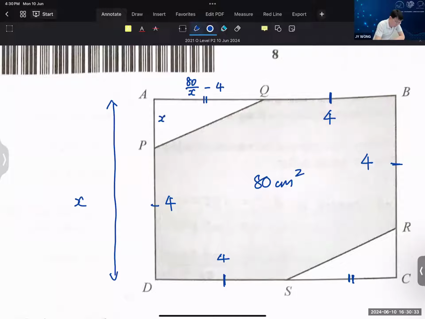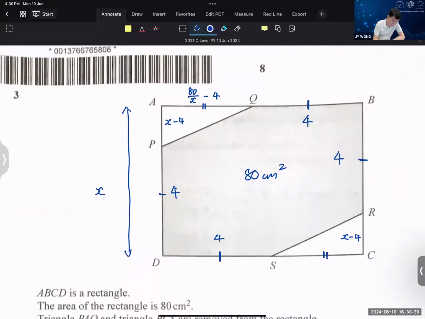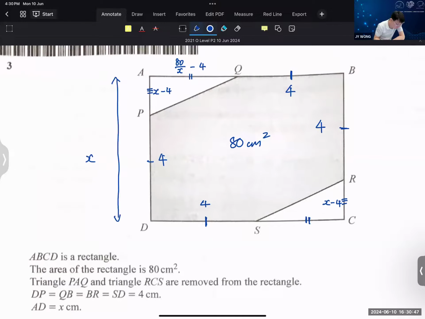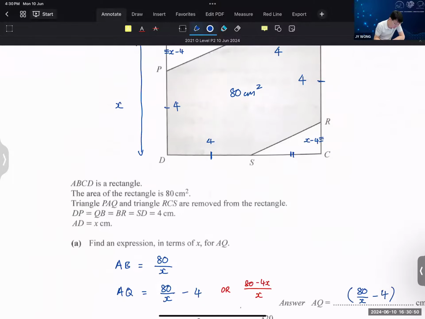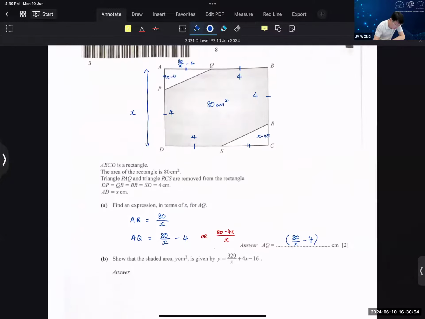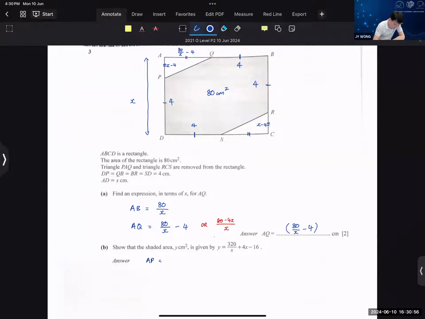You know that AP is x minus 4, and therefore RC will also be x minus 4. So you can find the area of triangle APQ. Okay, so first things first, the length AP is just x minus 4 because AD is x.